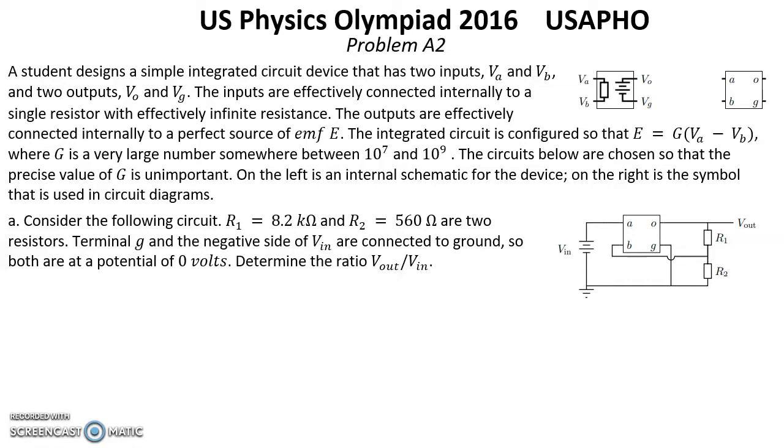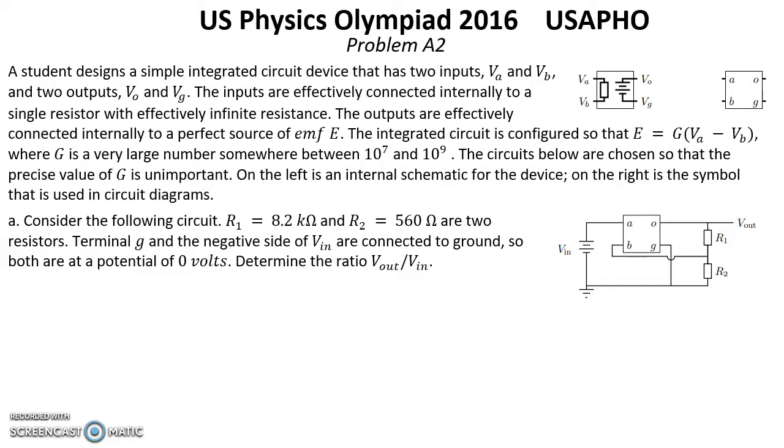The outputs are effectively connected internally to a perfect source of EMF E. The integrated circuit is configured so that E equals G multiplied by VA minus VB, where G is a very large number, somewhere between 10 to the power 7 and 10 to the power 9. The circuits below are chosen so that the precise value of G is unimportant.